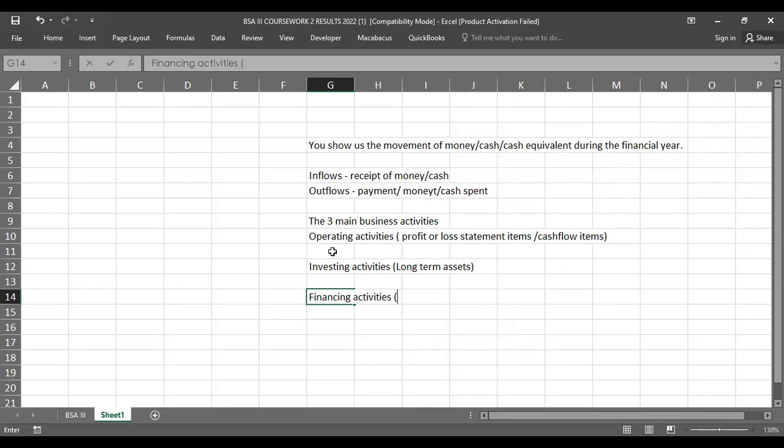There are mainly two types of financing. You look at equity, for example share capital, share premium, and revaluation reserve. All these are under equity.